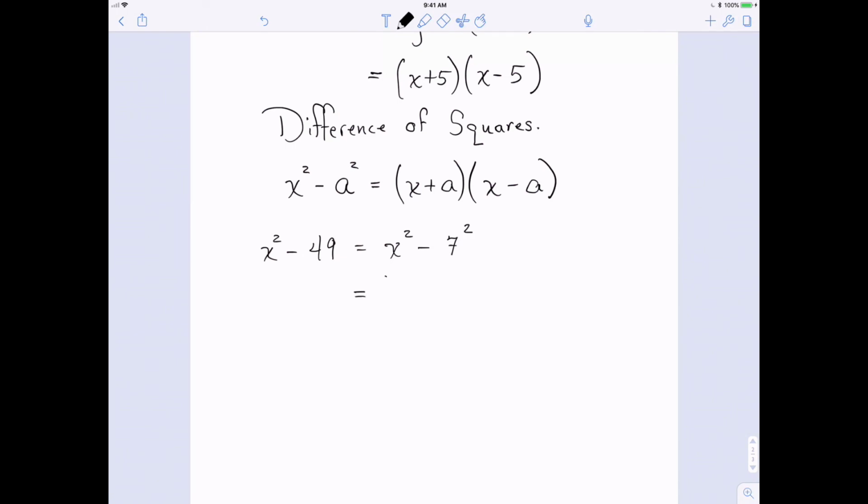So I can write that as x plus 7, x minus 7. So play around with that a little bit. Remember, if you don't see the pattern initially, you can always solve it by playing the game and factoring by grouping. This is Tom, and thanks for watching.